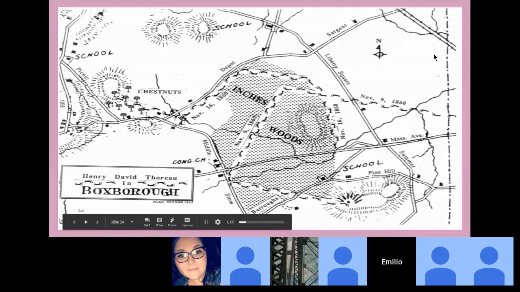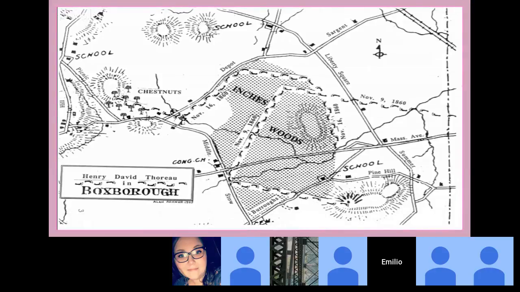So he wrote about where he started, how he got there, and then what he saw there, which is how they were able to compile that map. Then he said that he came back a couple days later and went once again on specific paths, turned here, went to this route, and walked all the way to where they believe the chestnut trees were from. We added arrows onto it because there is a footpath, but it's kind of hard to see. So the arrows are to make it a bit easier for you to see which direction it was.